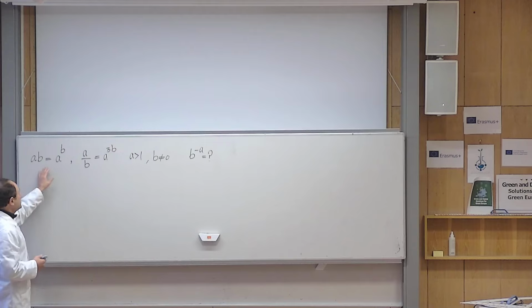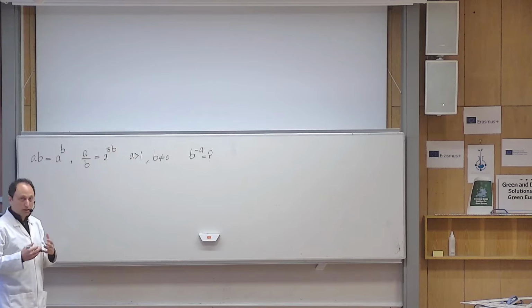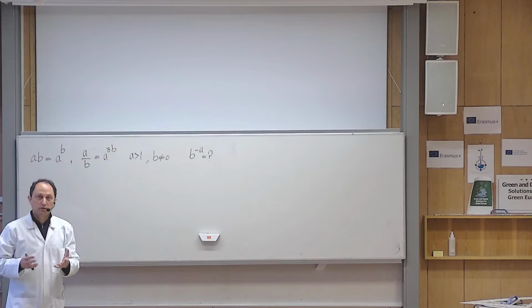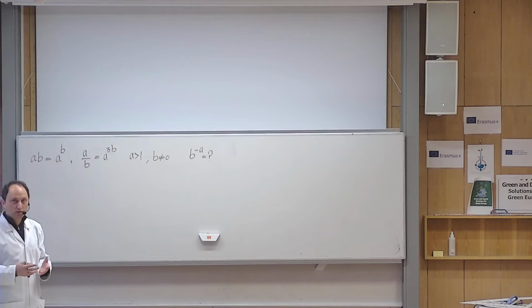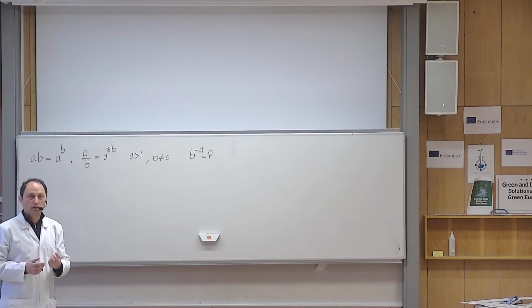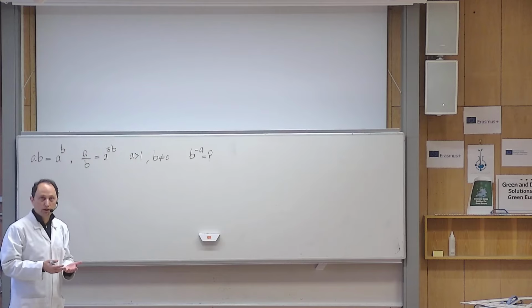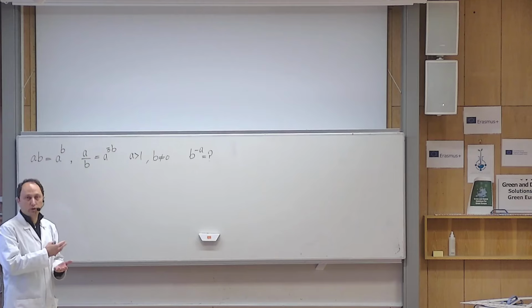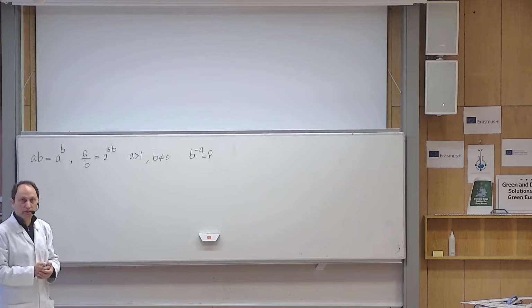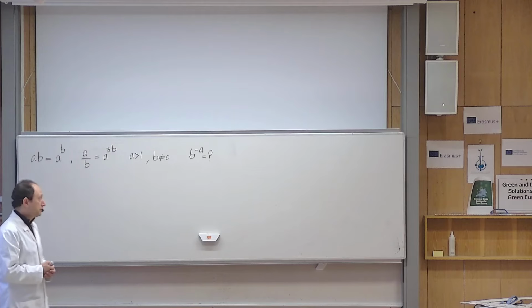So if I want to solve a system of two equations in two unknowns, I have to do something so that one of the variables is eliminated, so that I get only one equation in one unknown, so that I can solve it and find that unknown and put it back into one of the equations, of course the simpler one the better, and then find the other variable.